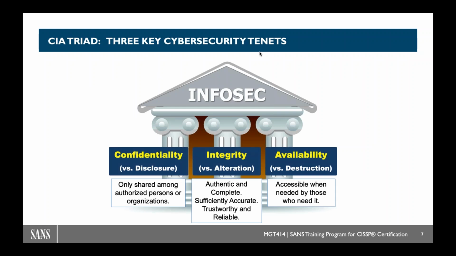So if you lose confidentiality, you have disclosure of PII. The most common term you'll see is PII, personally identifiable information. There are other things like cardholder data for PCI, which is payment card industry, and PHI, protected health information, for healthcare and HIPAA, right? So if you lose confidentiality, you have disclosure; you lose integrity, alteration; you lose availability, you have destruction.